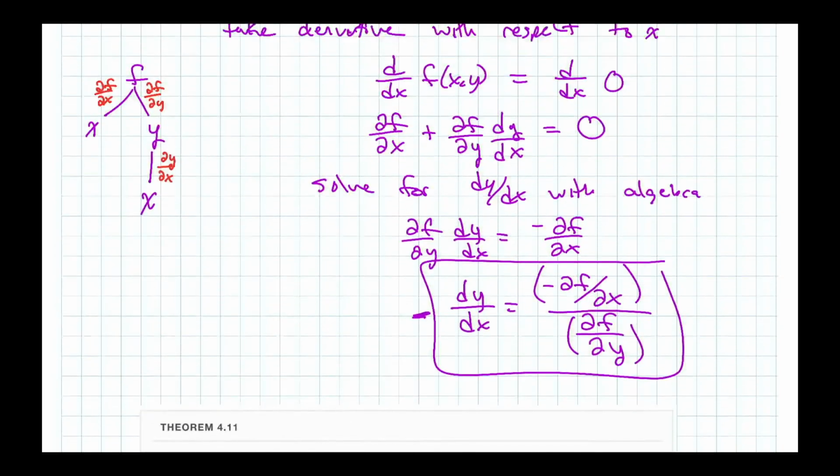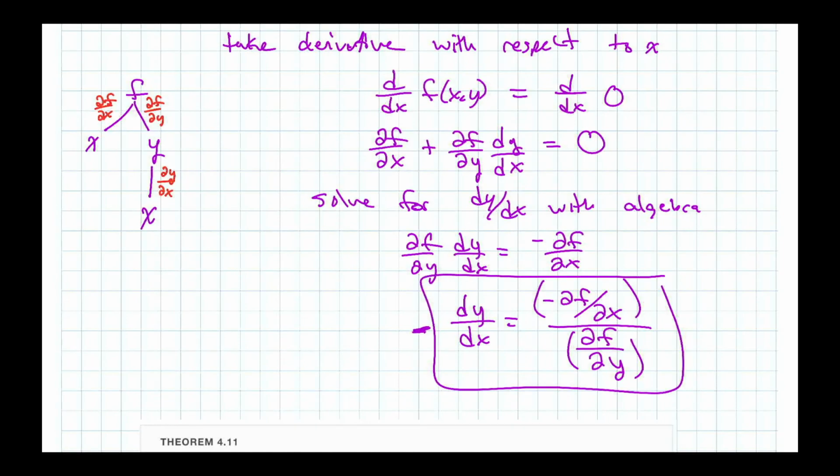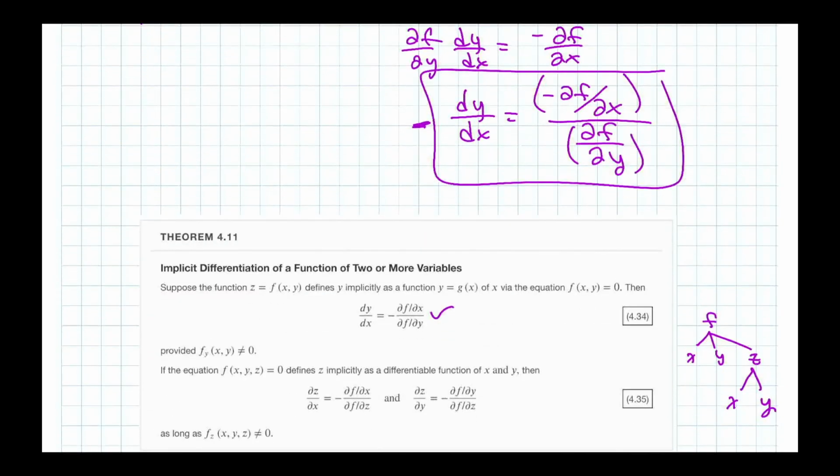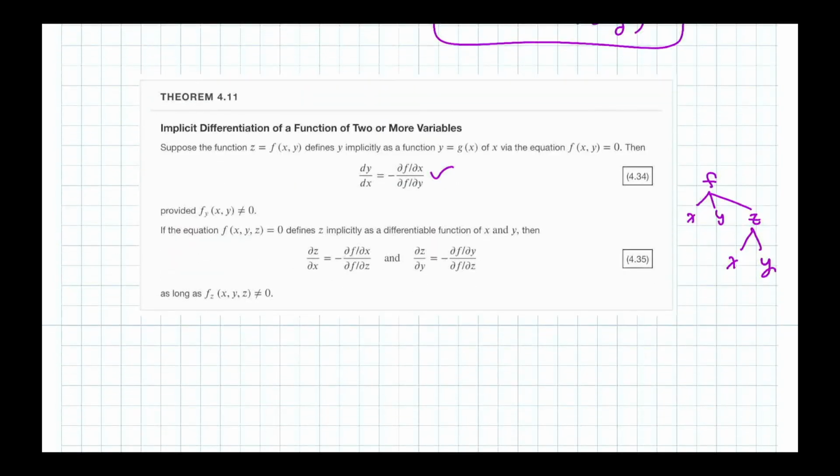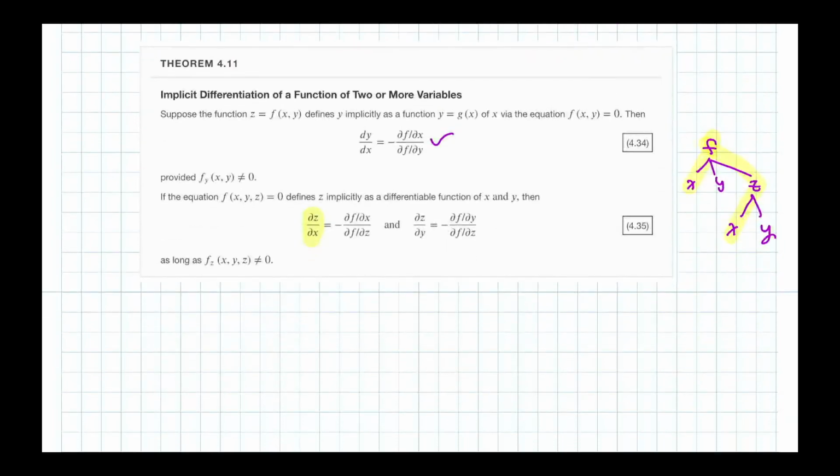What did we do first? We just did that derivative from f to x. So if you were trying to find the dz dx there, you would go f to x, and then f to z to x. And after you do the same exact thing that we did in the work up here, you would just get this formula, which worked out the same as that formula.